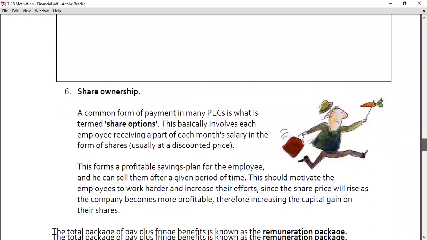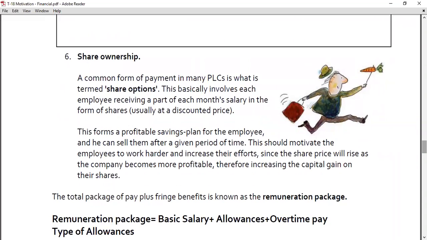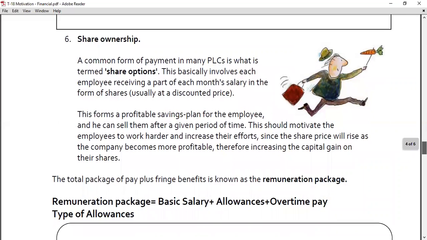We talked about share ownership, right? Share option schemes: sometimes organizations, especially PLCs, give workers free shares. Share options involve each employee receiving a part of their salary as shares from the company at a discounted price. This is a form of profitable savings plan, and they can sell them after a given time period.